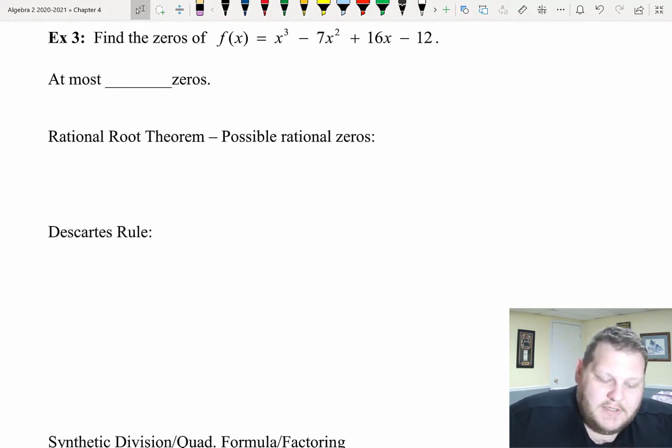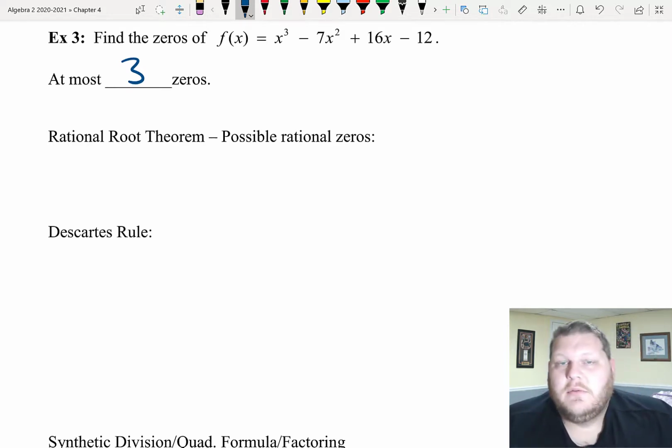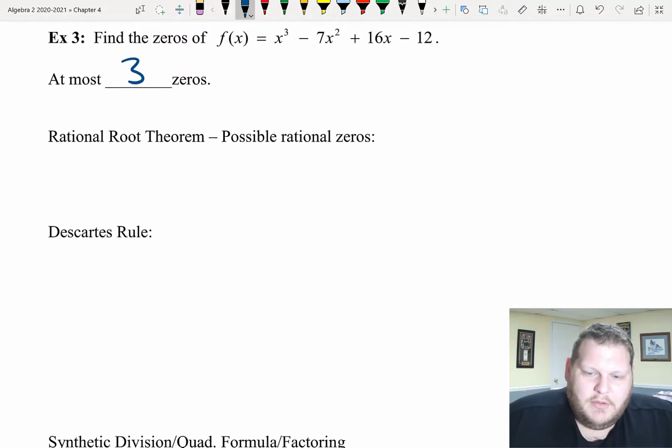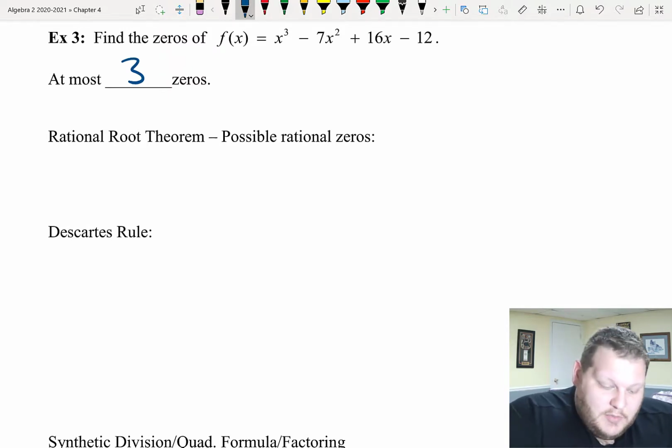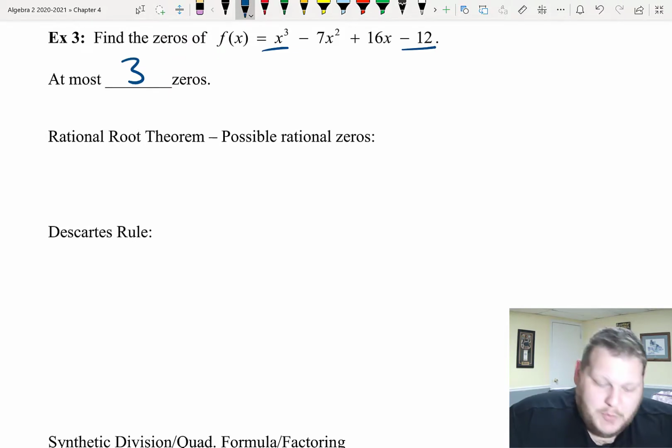So we're asked to find the zeros of x cubed minus 7x squared plus 16x minus 12. So first things first, we are going to have 3 zeros between multiplicity and those imaginaries, and obviously our real roots. So in this one, our possible rational roots would be factors of 12 over factors of 1, so really just factors of 12.